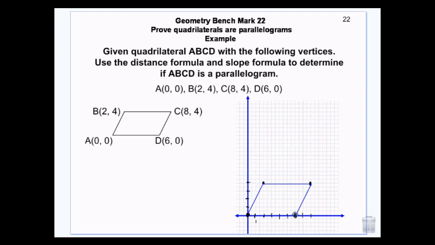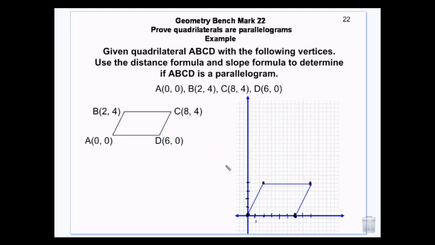Now, I could figure out the distance between these 2 points and the distance between these 2 points and say that it's the same, and then I could find the slope of both lines to see that they're parallel, and so on.